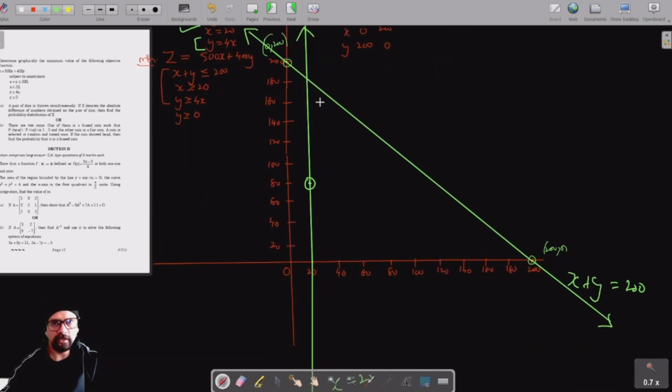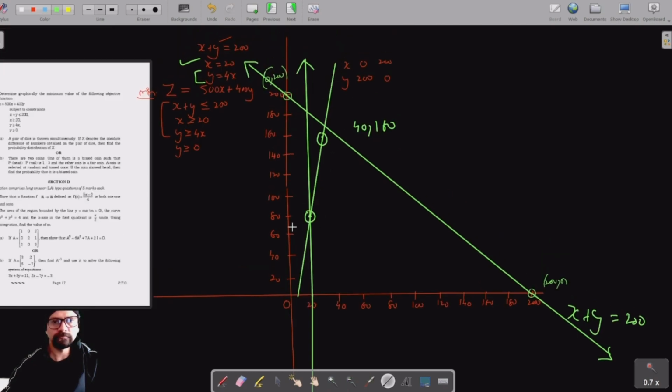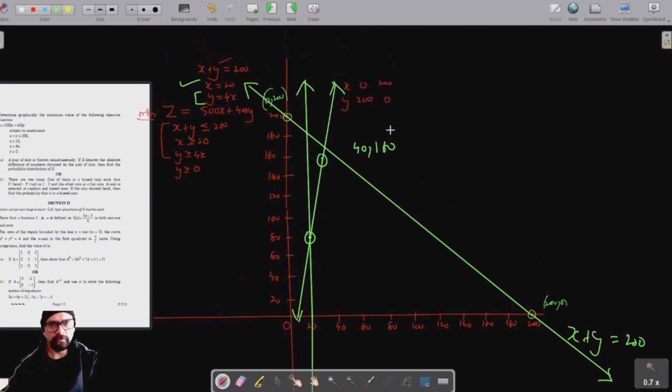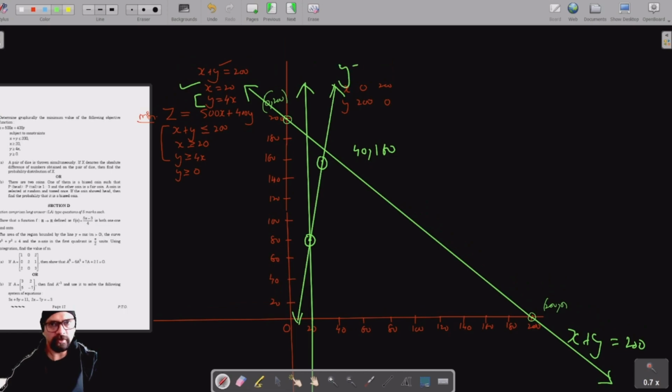So it's 40 and 160 here, and the line goes through these points. So this is the graph for y equals 4x, this is x plus y equals 200, and this is x equals 20.